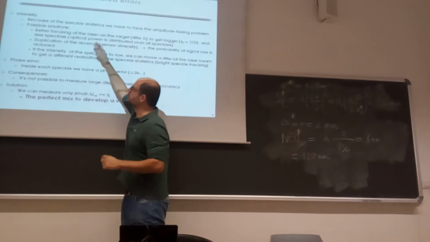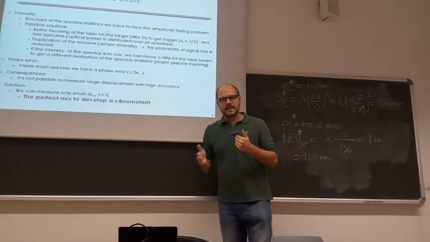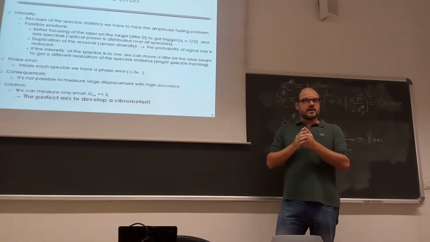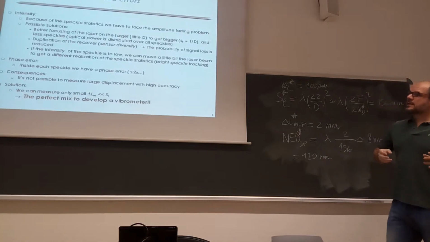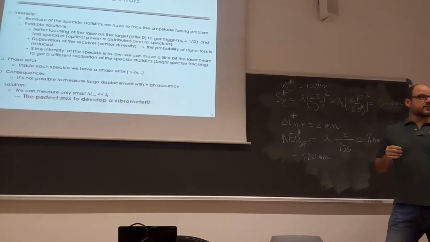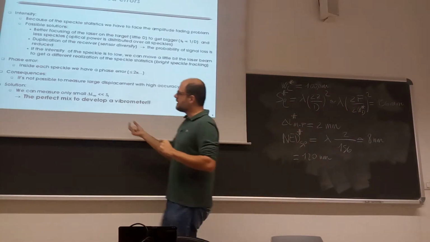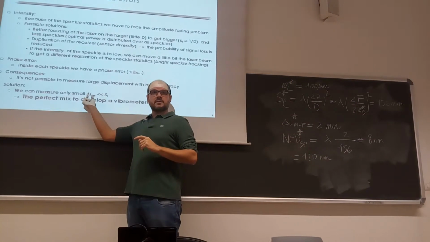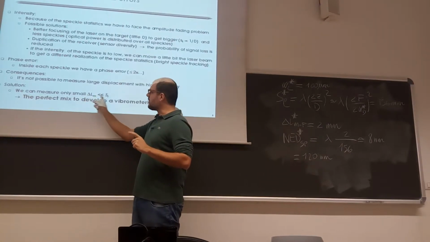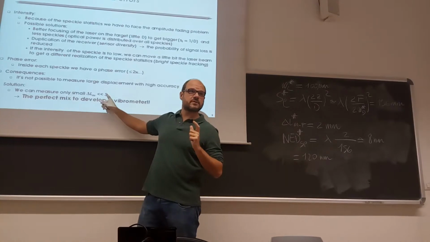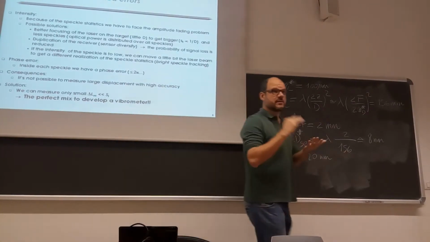So the consequence of all this consideration is that it is not possible to build up an incremental instrument, as we have said with the double beam interferometer, the double frequency interferometer, but we can build up an instrument that is able to measure very small displacements, or better, displacements that are shorter than the longitudinal dimension of the speckle. So this configuration is perfect to develop a vibrometer.